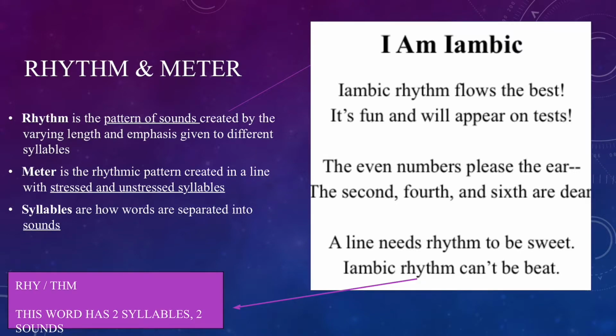So here I've pulled out a word, rhythm. Rhythm is broken into two sounds, rhythm. So we could clap out the syllable count for rhythm and it would be rhythm. This word has two syllables. So a meter is going to be a pattern that's created in lines with stressed and unstressed syllables.